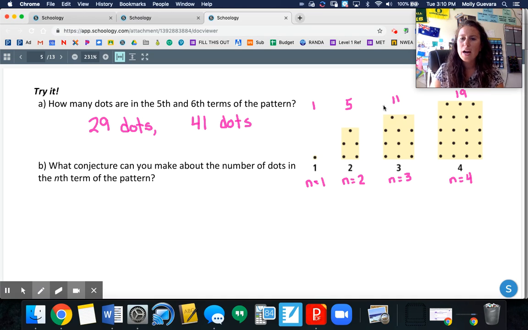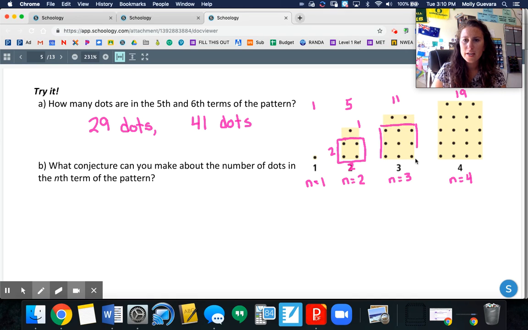And what I noticed here is that when n is 2, I have this 2 by 2 square, right? So this is like 2 times 2. Let's write it here. 2 times 2, so there's 4. And then this right here is 1.